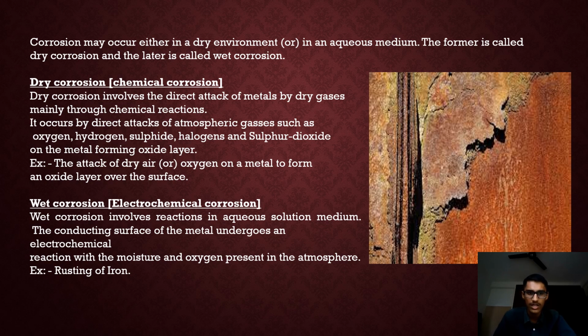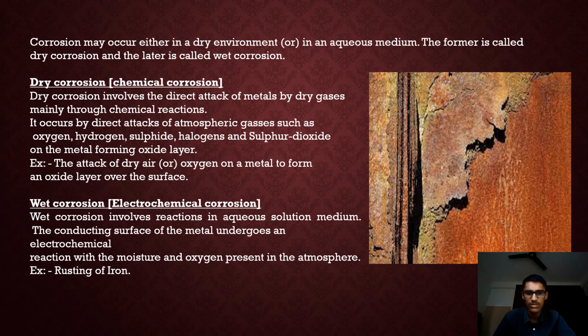It occurs by direct attack of atmospheric gases such as oxygen, hydrogen sulfide, halogen, and sulfur dioxide on the metal forming oxide layers. Like for example, the attack of dry air or oxygen on a metal to form an oxide layer over the surface.